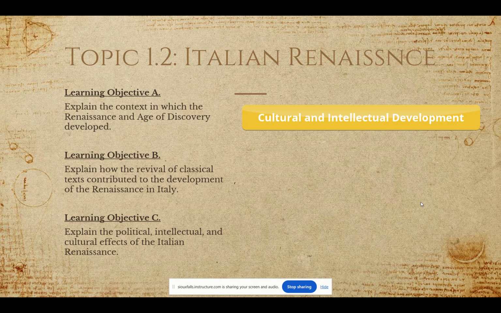You guys probably already know, where did the Renaissance Italians look back to for inspiration for their rebirth of art and learning? What 2 cultures did they reach back to? The Greeks and the Romans, right? What we call the classics. The last objective is to explain the political, intellectual, and cultural effect of the Italian Renaissance, which we will most definitely do.